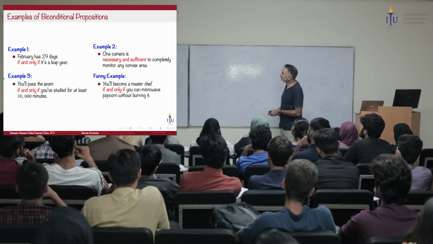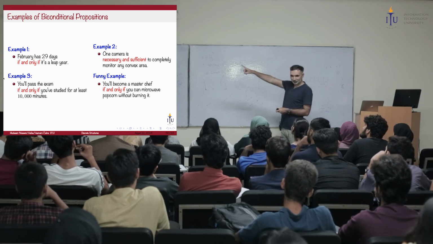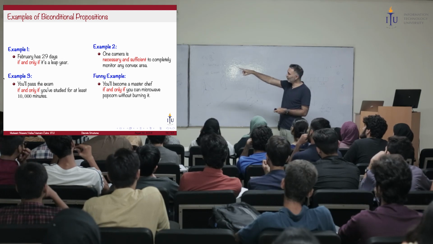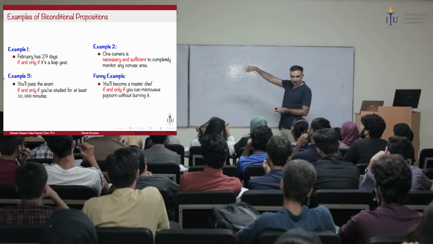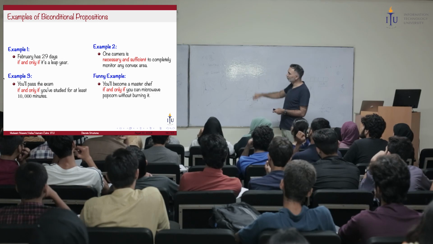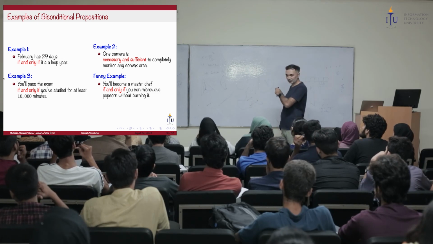And the second part is that there are two parts to this statement. That is what makes it biconditional. One is the camera is necessary. The other part is the camera is sufficient. One camera is sufficient to completely monitor any convex region.